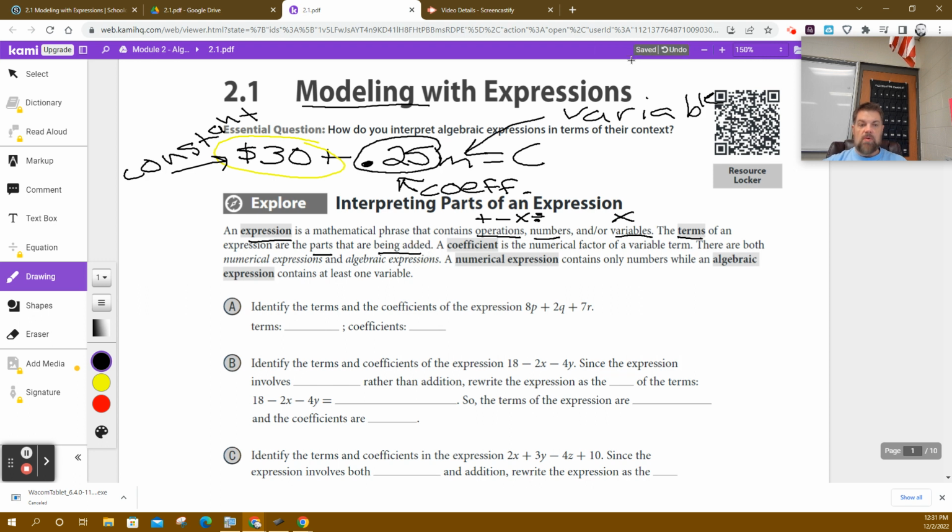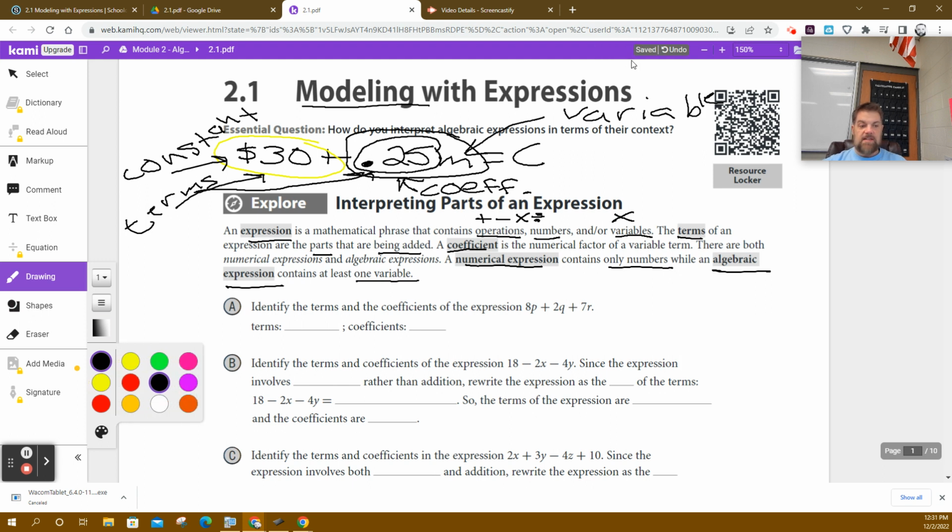So this is a term and this is a separate term. Actually, this whole thing is a term. Those are known as terms. And then lastly, the coefficient, as I mentioned, is the number in front of the variable. A numerical expression is just numbers. And an algebraic expression, which is what we're learning here, has at least one variable.